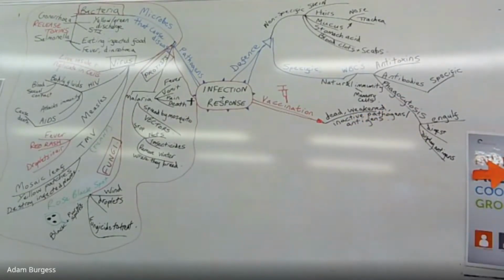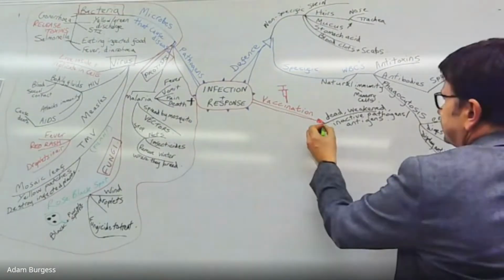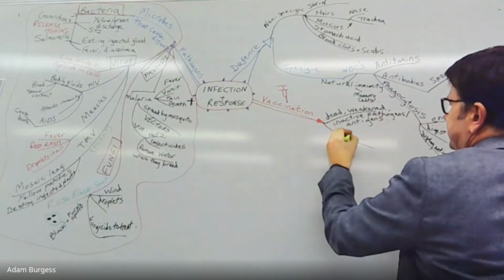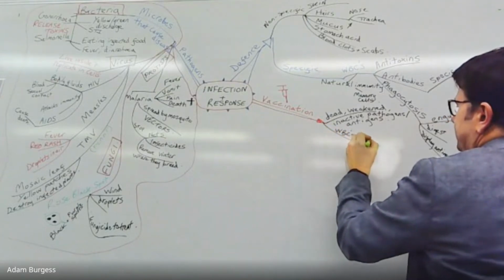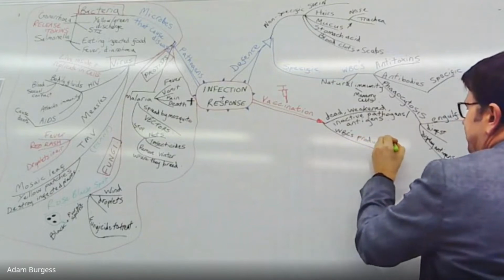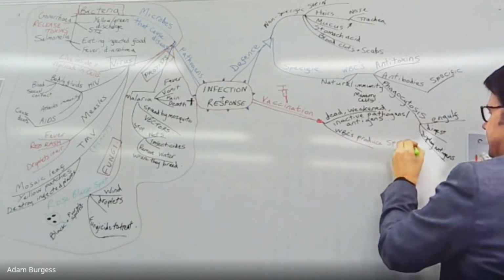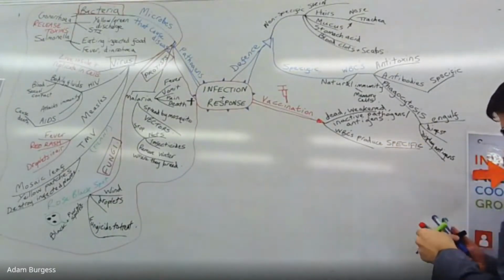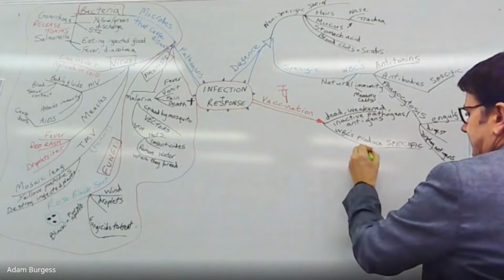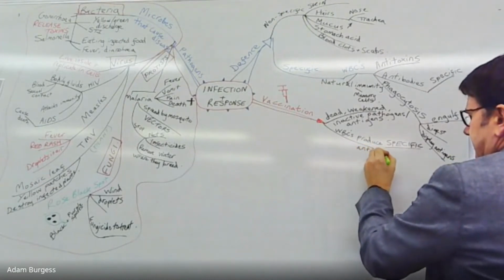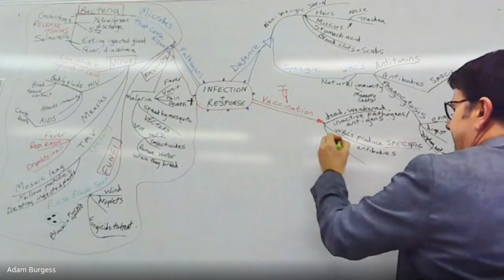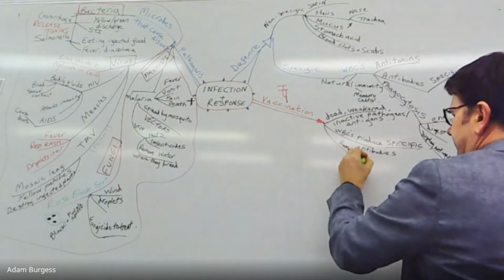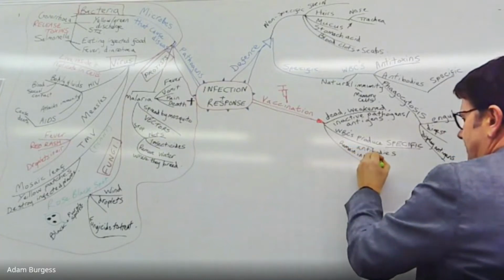What does it do? Well, the vaccination means that the WBCs produce specific antibodies. They remain in the bloodstream, or remain in the body, as memory cells.